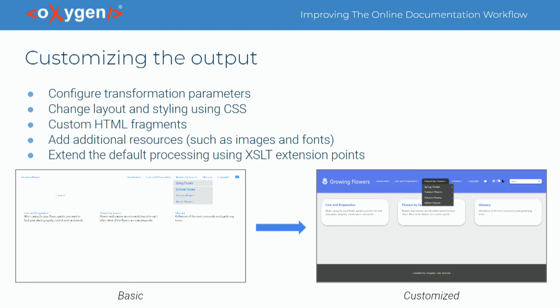In the first image, you can see how the WebHelp output looks when no customization is applied. And in the second one, you can see how several customization methods can be combined to obtain the desired output.